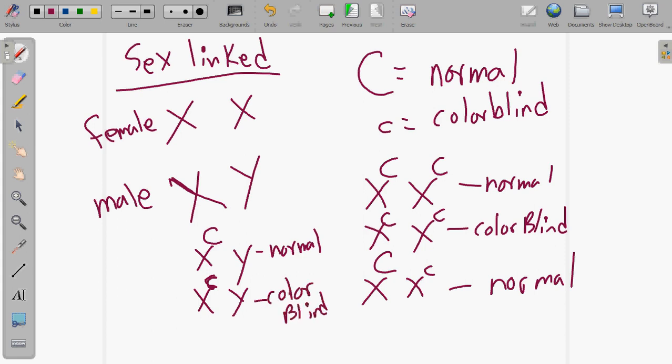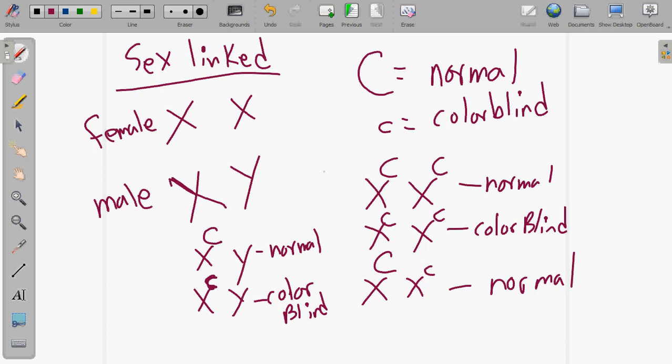End of story. A male cannot be heterozygous for colorblindness because they only have one X chromosome. Okay, that's what it means to be sex-linked. One sex, XX or XY, has a higher chance of having the trait because it's sex-linked.